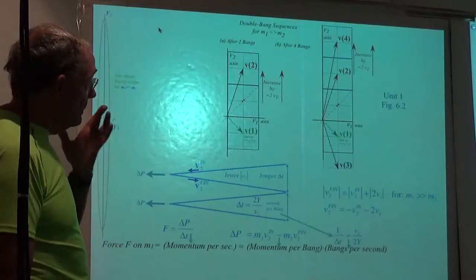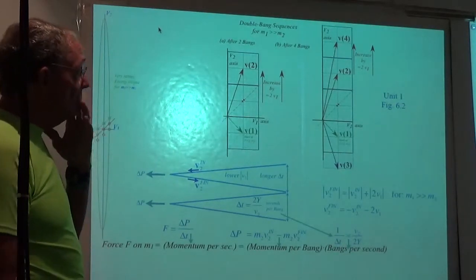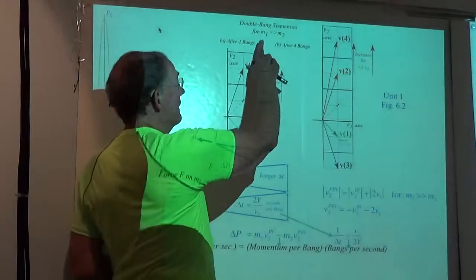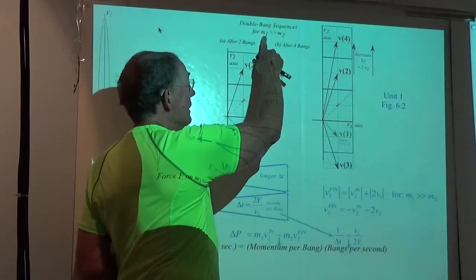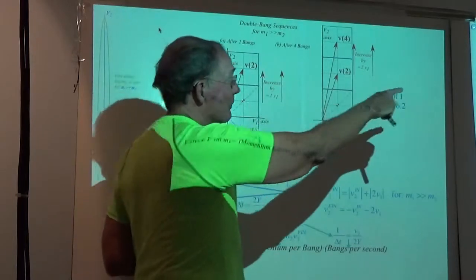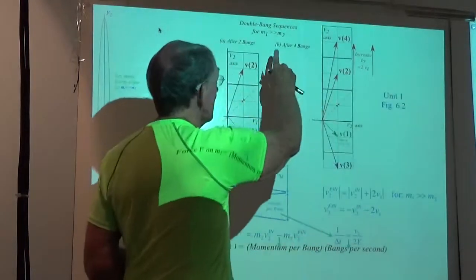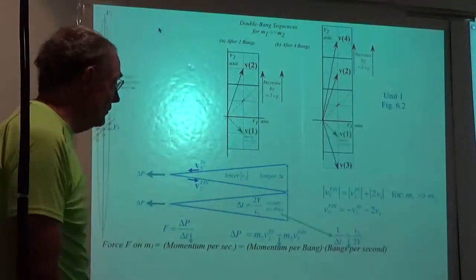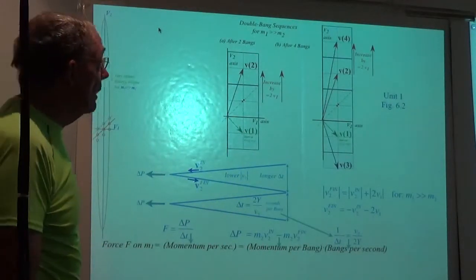Now, I remind you of the situation that's true in our double bang sequences when M1, which was 49 in that first example, and M2, which we take to be 1 in most of the numerical discussions here.